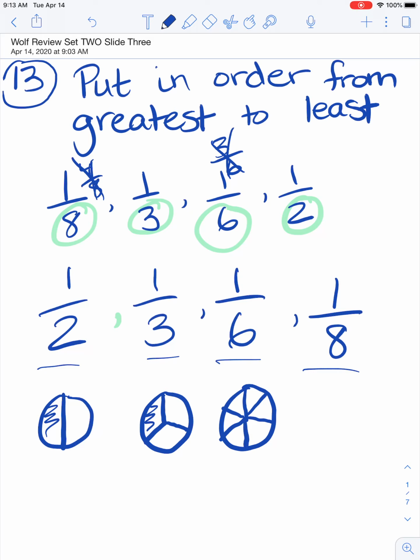That's how I did my 6s. There's a 6th. And there's my 8th. So 1/2 is the biggest, 1/8 is the smallest.